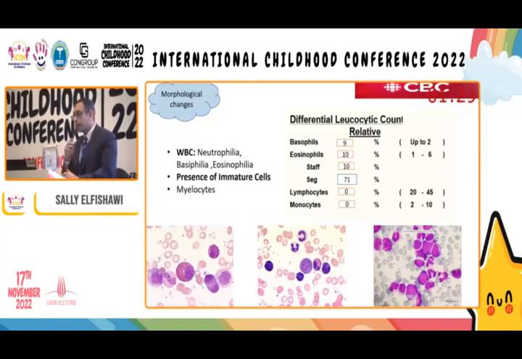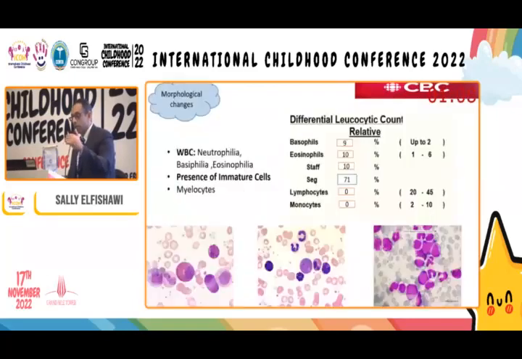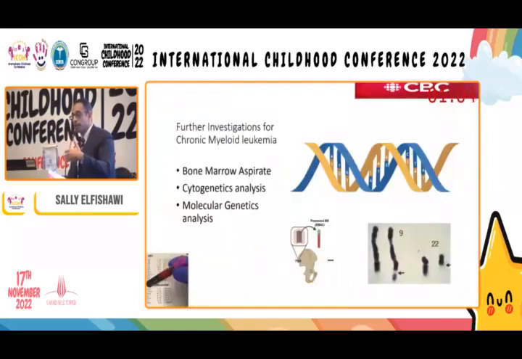I cannot know this except with proper investigations, proper history for the time when it started, and proper clinical examination. This patient has splenomegaly and his white blood cells showed neutrophilia and basophilia, which denotes a chronic form of myeloid malignancy.